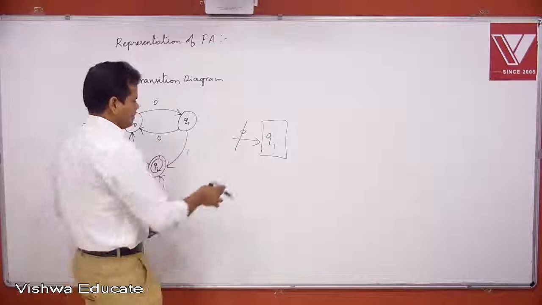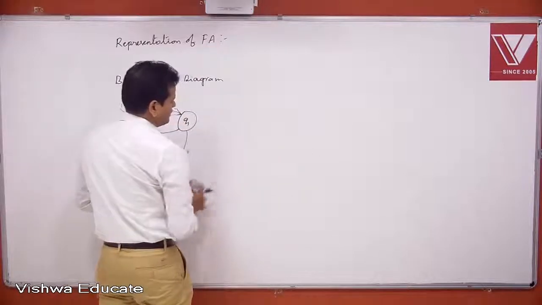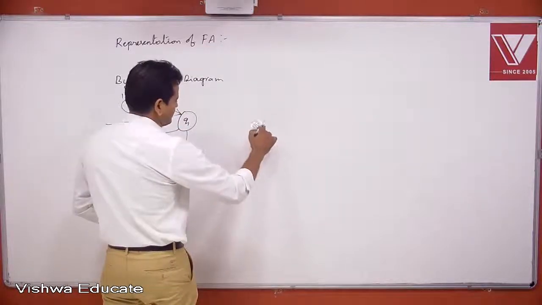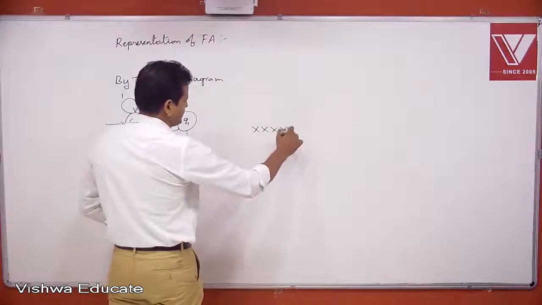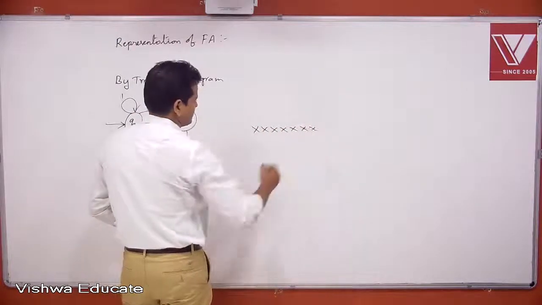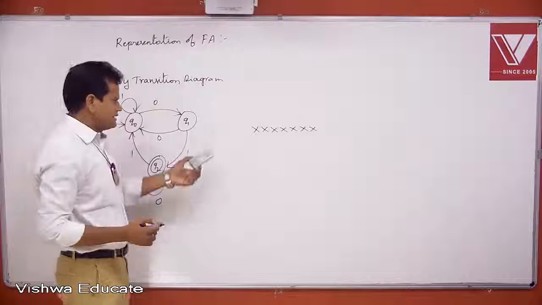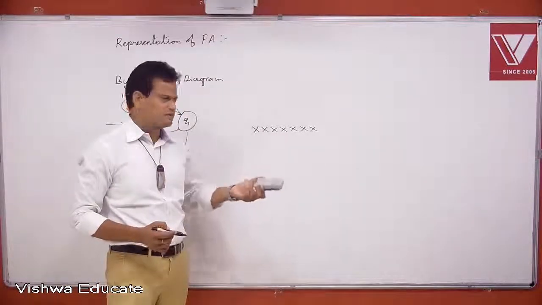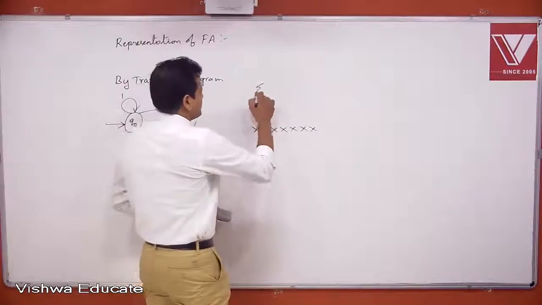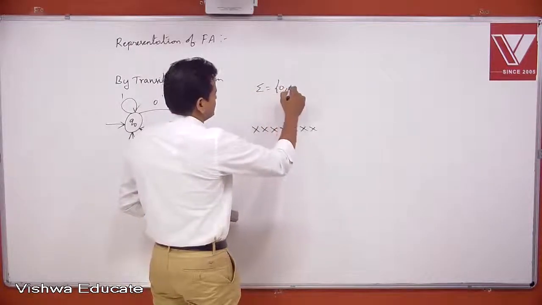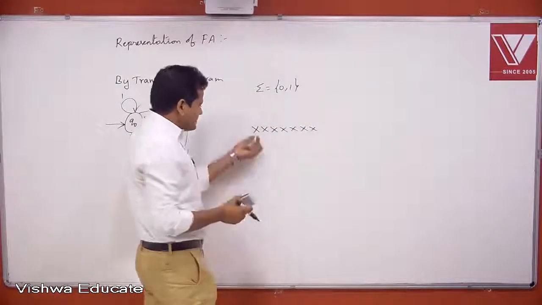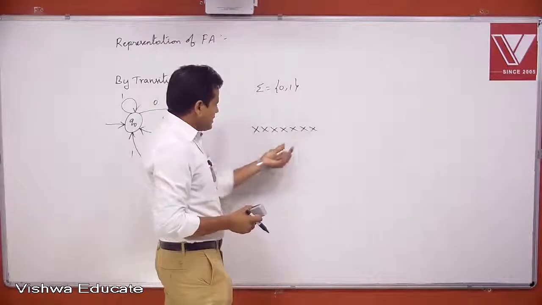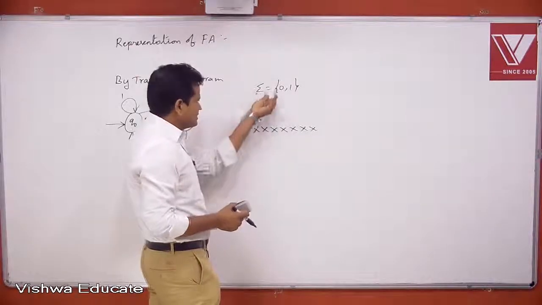One more thing, the input string is a combination of the input symbols. Suppose the input alphabet is sigma, which is {0, 1}. Then this is the string, and each symbol is either 0 or 1.